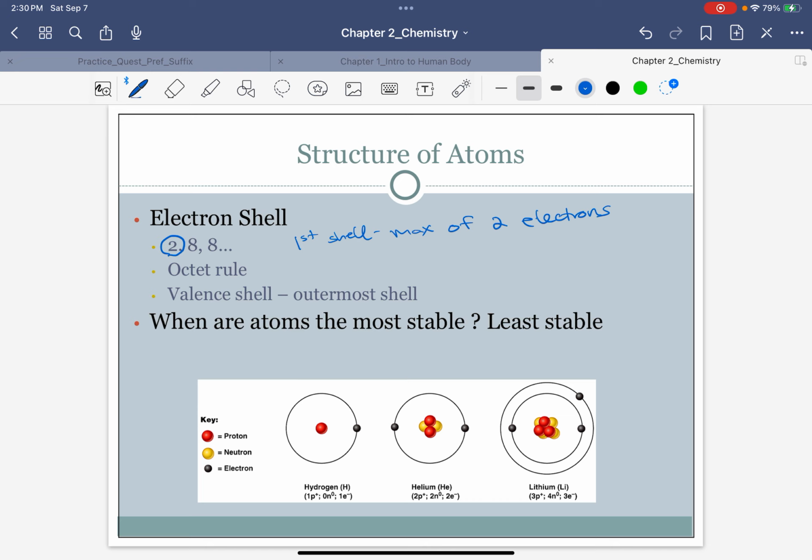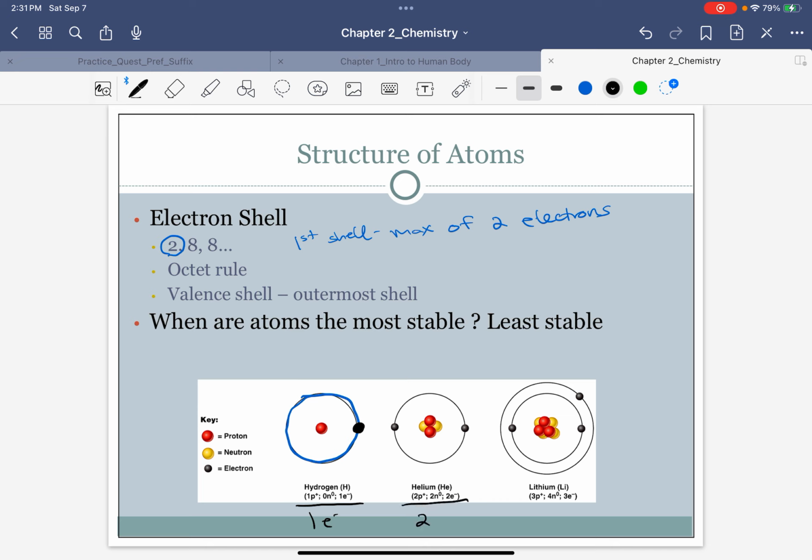Let's look at hydrogen. Hydrogen is this one. Hydrogen has 1 electron. So we form 1 electron shell, and then we fill that electron shell with our 1 electron. Now, what if we move to helium?